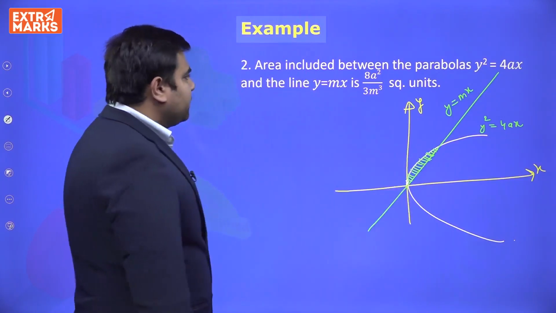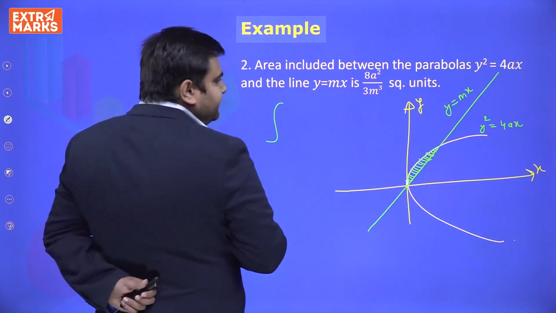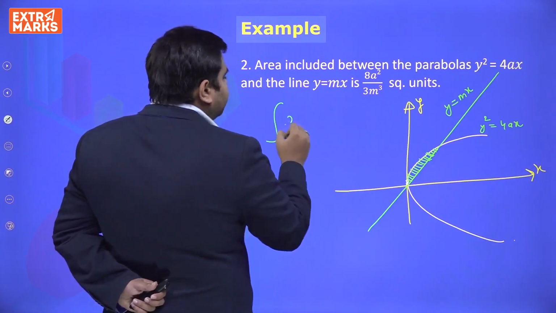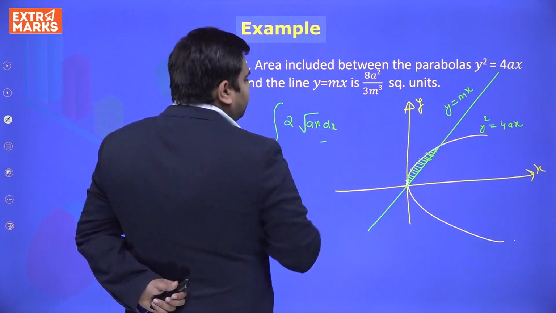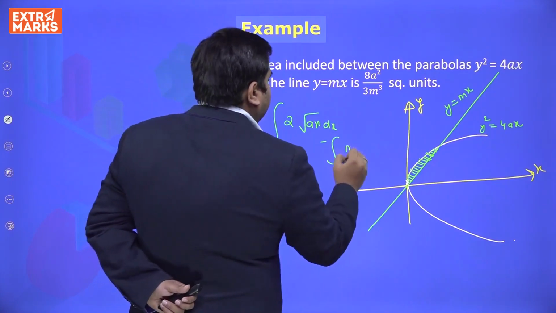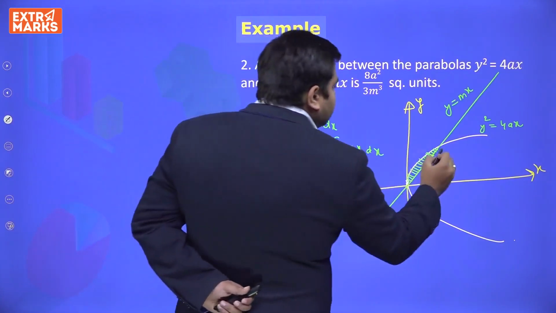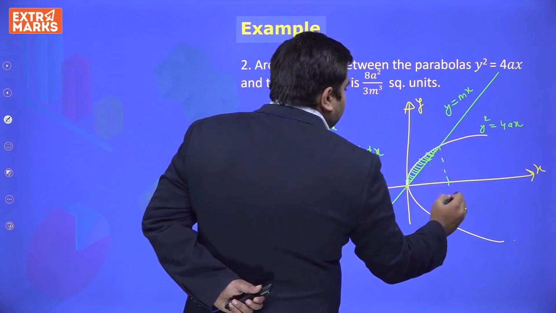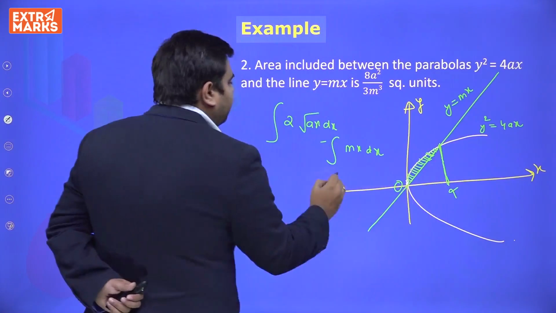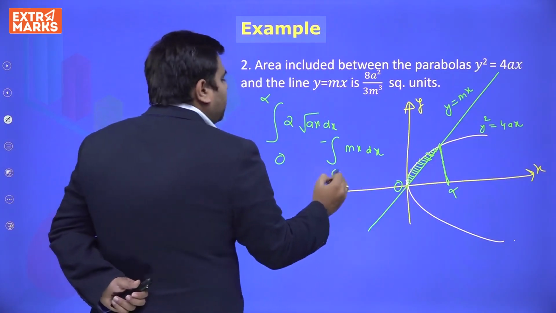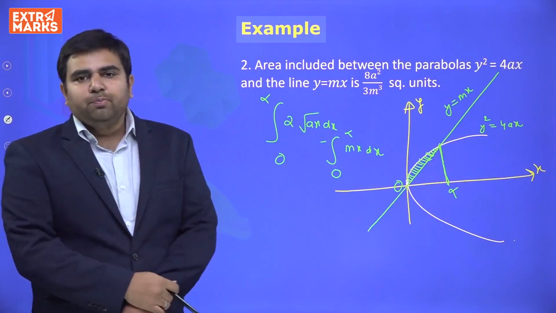This is the area, and this area can easily be calculated by the integral of 2 under root ax dx minus mx dx. X gets varied from 0 to alpha, where alpha is nothing but the point of intersection of curve and line.